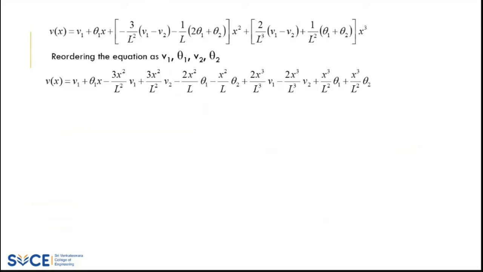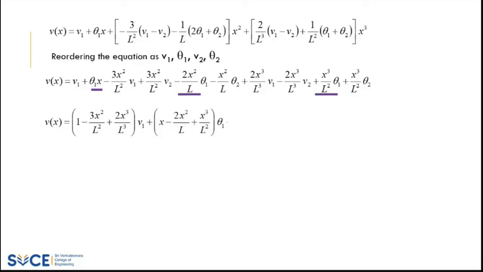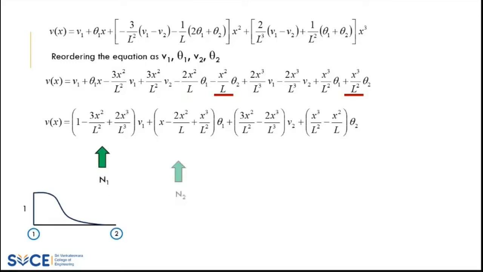So this is my equation. This one I am going to write in terms of V1 theta 1, V2 theta 2. So whatever is V1, write it as one term, right? Consider all my theta 1, write it as the other term. Consider all V2, write it as one term, and theta 2 as the other term. So this is nothing but N1, N2, N3, and N4.